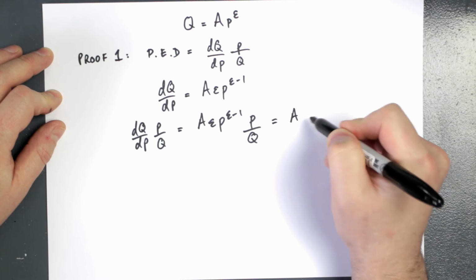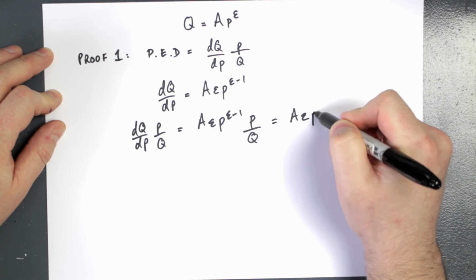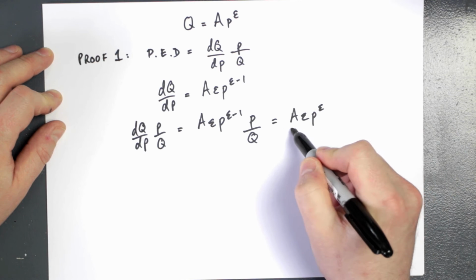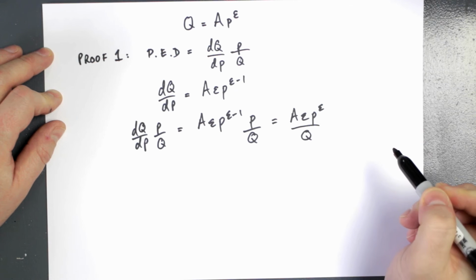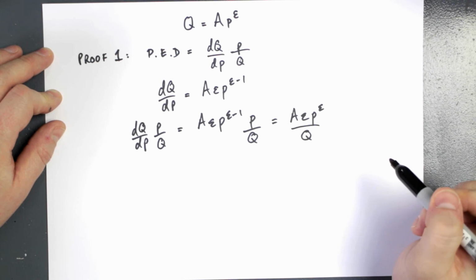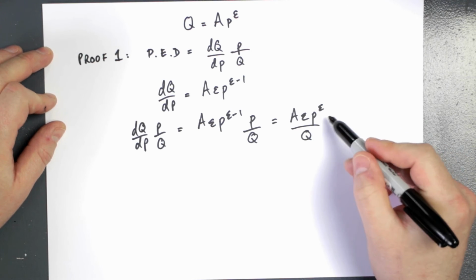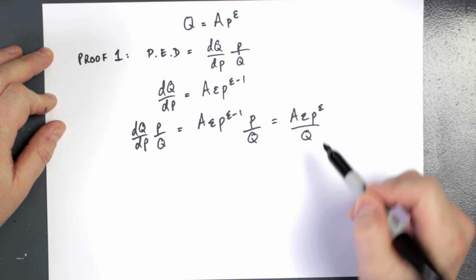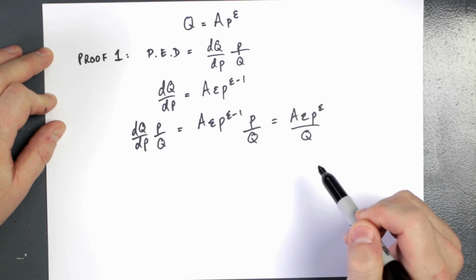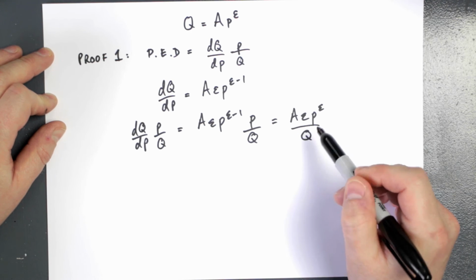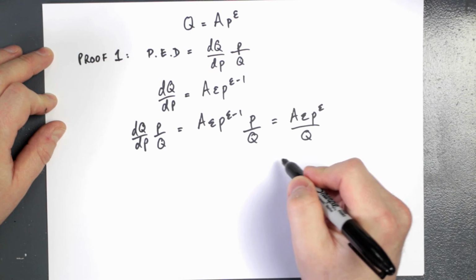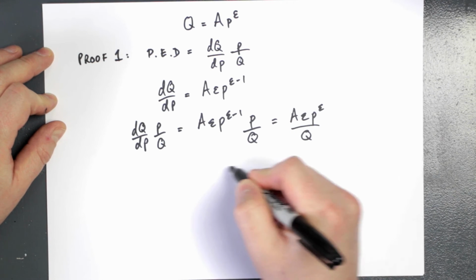So clearly, just using standard rules of indices, this is P to the power epsilon divided by Q. Now at this point, it doesn't look too hopeful because our elasticity formula still has P in it and it still has Q in it. But remember that this Q is equal to A times P to the power epsilon. Okay, so let's replace that.